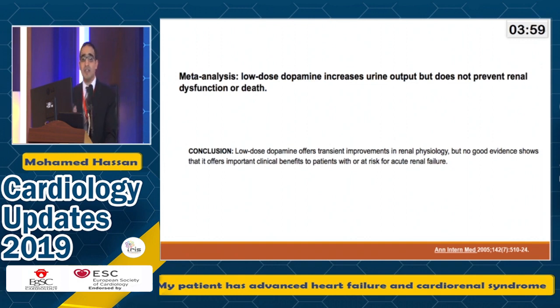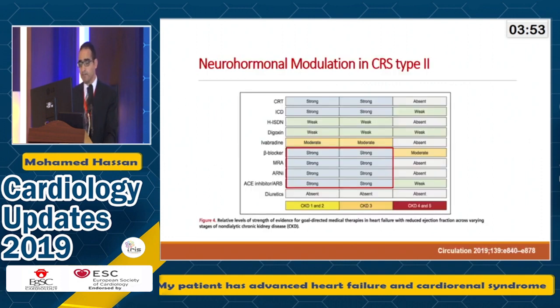In type 2 cardiorenal syndrome, with patients with chronic heart failure and renal dysfunction, we have strong evidence that the usual beta blockers, ACE inhibitors, ARNI, and mineralocorticoid antagonists are beneficial in chronic kidney disease stage 1, 2, 3. In stages 4 and 5, the evidence of benefit is weak, not like our patients with normal kidney function or early renal dysfunction.